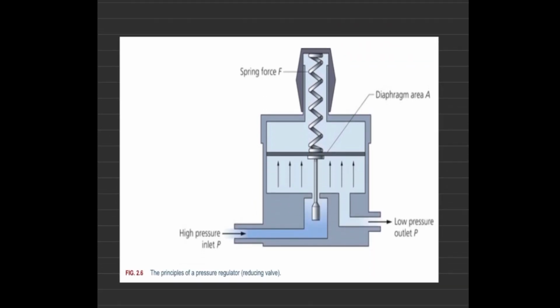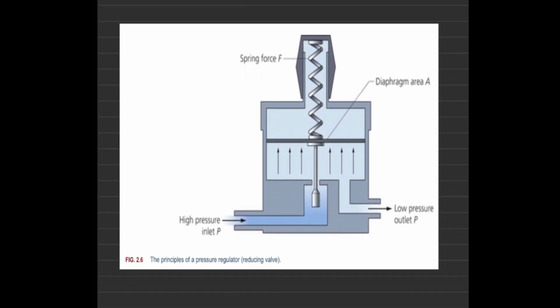This is a schematic diagram showing a pressure regulator, and the concept behind it is that pressure is equal to force upon area. Keeping the force constant, pressure times area remains constant, so P1 A1 is equal to P2 A2.